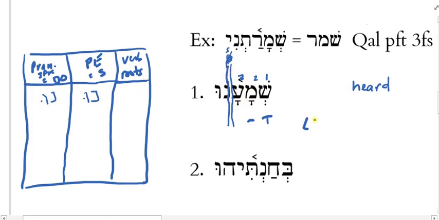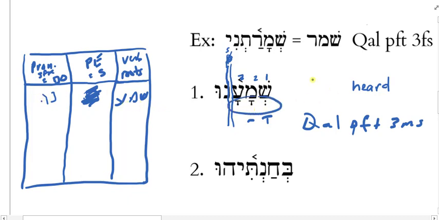This is a Qal perfect 3MS, which is a zero ending, so it's really shema here, no personal ending because it's 3MS, and then nu for the direct object. We're going to have vowel changes that happen here, and that's why these vowel points are different. Okay, so shema plus the direct object nu, he heard us.